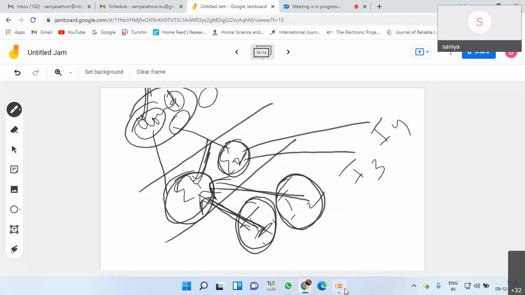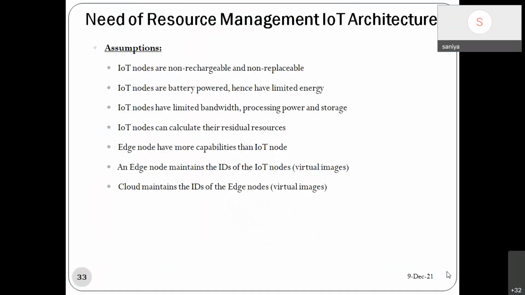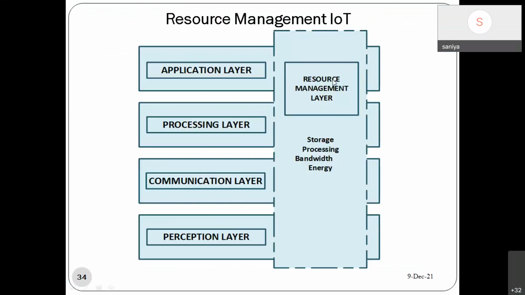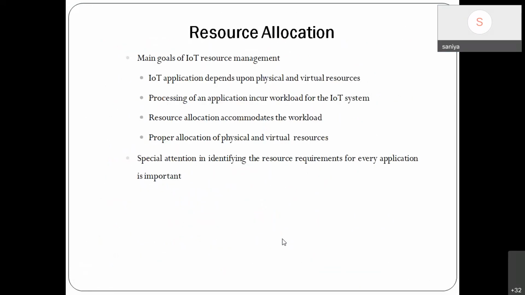This is how we are trying to build a system for the IoT resource management architecture. You can see that resource management can be done at the perception layer, the communication layer, the processing layer, and the application layer. I have already told you about some of these techniques.